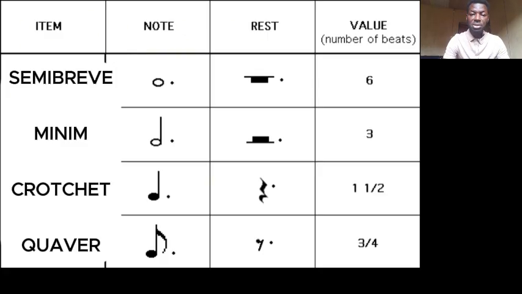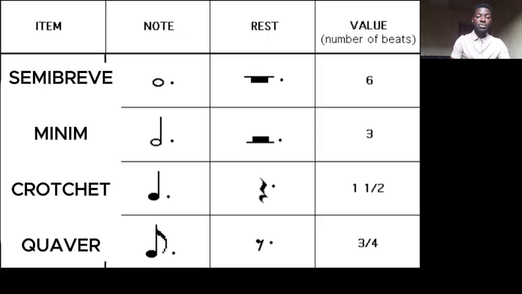Okay, I believe this is understandable. The same way with the notes, the musical rests also have the same thing. So a dotted semibreve rest will have 6 rest beats, a dotted minim rest will have 3 rest beats, a dotted crotchet rest will have what, one whole number 1/2 rest beats, a dotted quaver rest will have what, 3/4 rest beat.